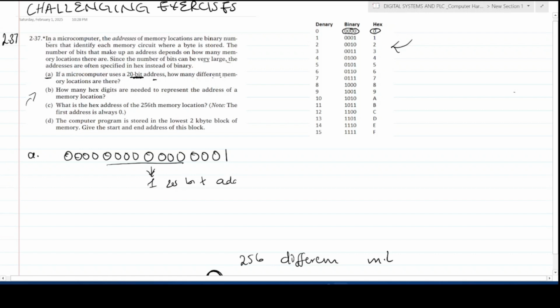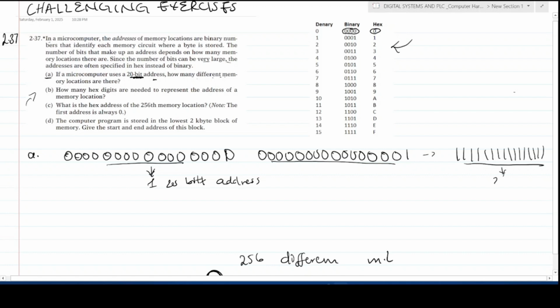Then to write another one, it actually starts from 0. You write 1 2 3 4, 1 2 3 4, 1 2 3 4, 1 2 3 4. You keep going till you reach 1111, 1111, 1111, 1111. This is the highest for a 20-bit address.